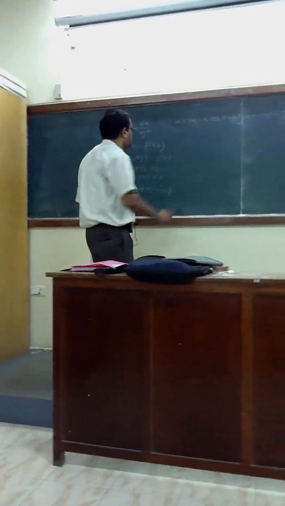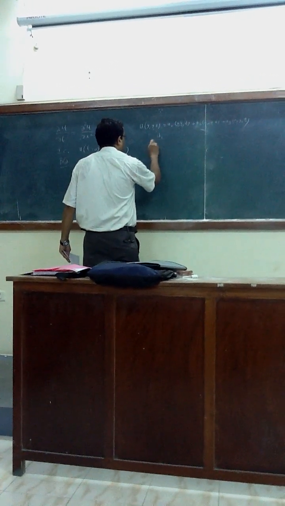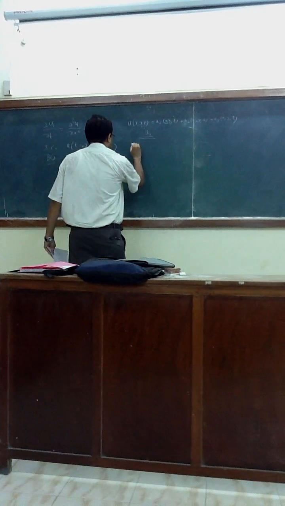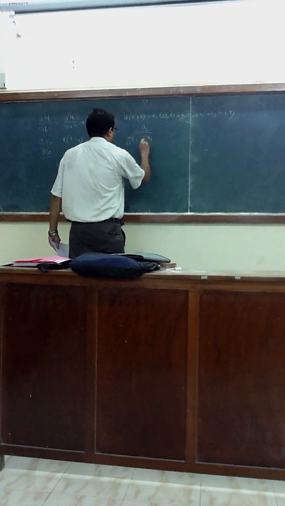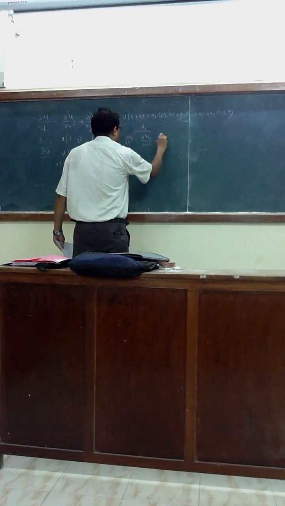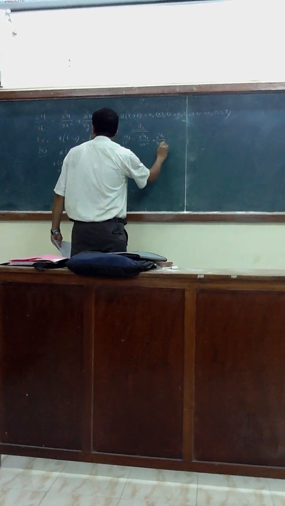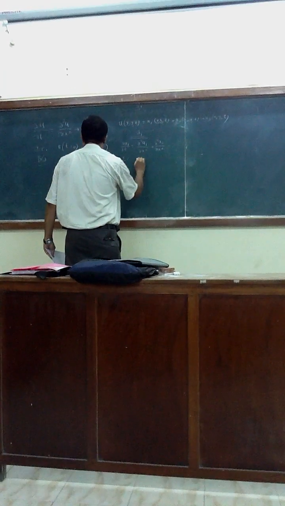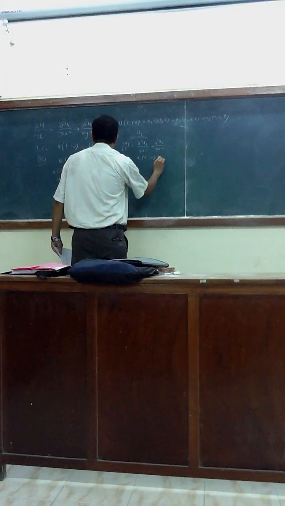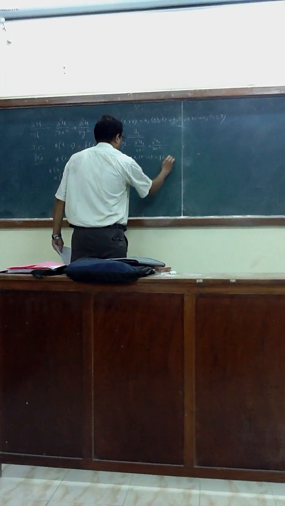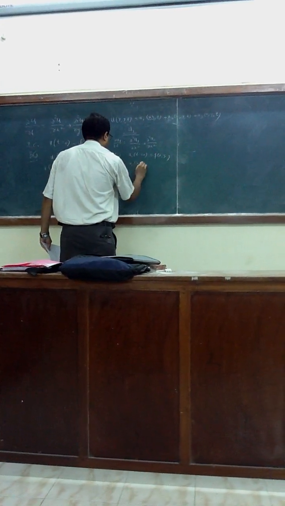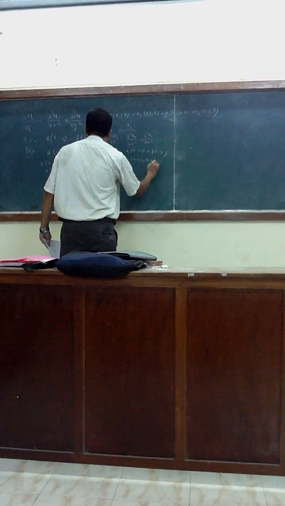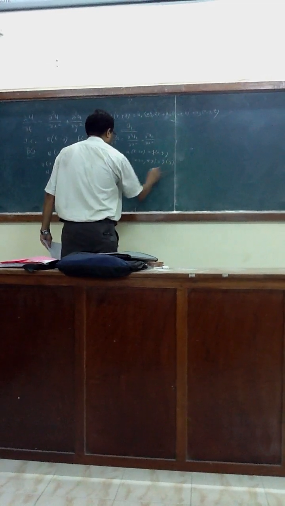The first sub-problem for u1 is ∂u1/∂t equals ∂²u1/∂x² plus ∂²u1/∂y². IC: u1 at t equals 0 is f of xy, and then u1 at x equals 0 for all y equals g(y).